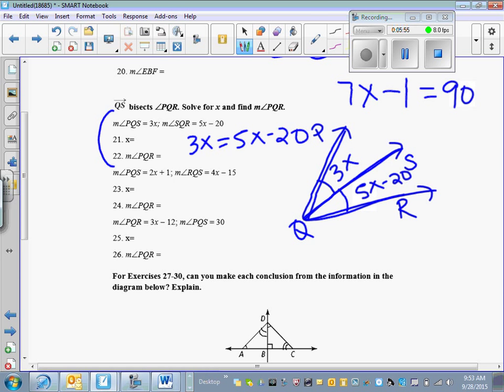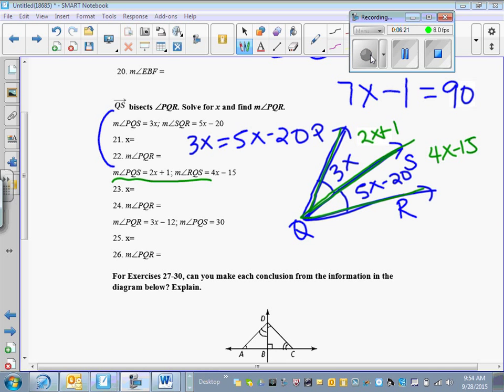And you just solve for x and plug it in. For this problem, I'll use the green one. PQS is 2x plus 1. RQS is 4x minus 15. Again, you just have to set them equal to each other.